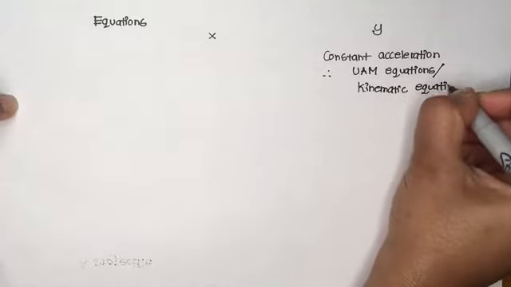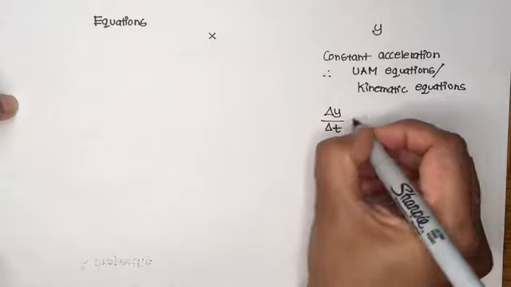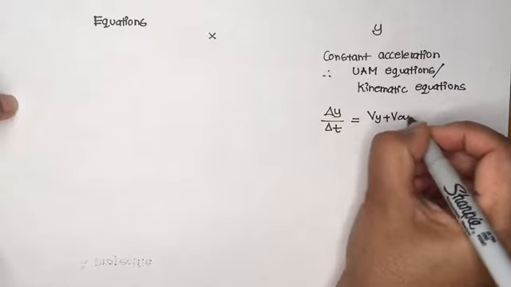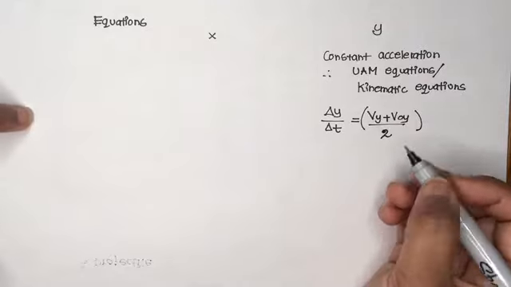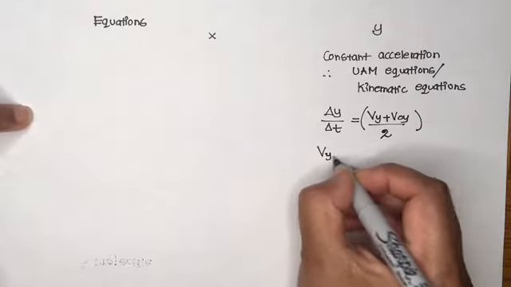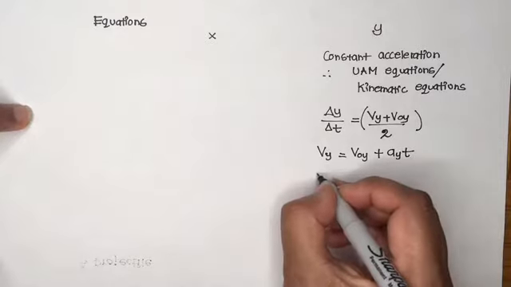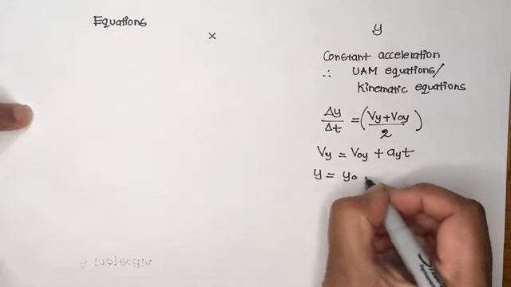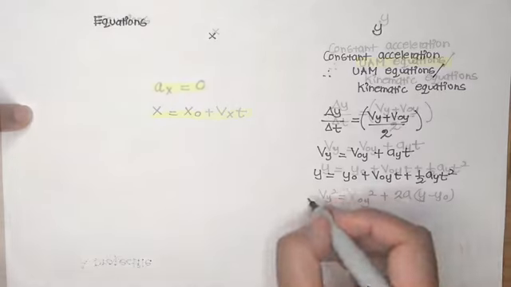But don't forget you have to use them in y direction. So the first equation, the average velocity is equal to displacement in y direction over time, and then you have to add the instantaneous velocity at the initial and final time, and then divide it by 2, and then you have the other equations in y direction.